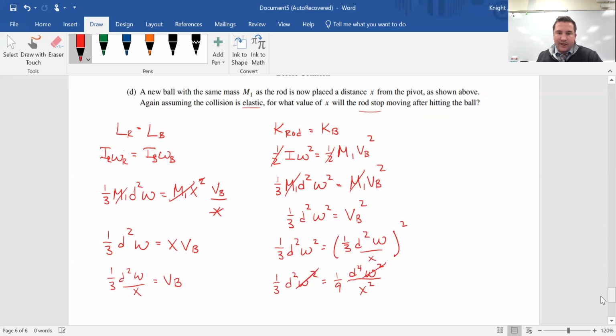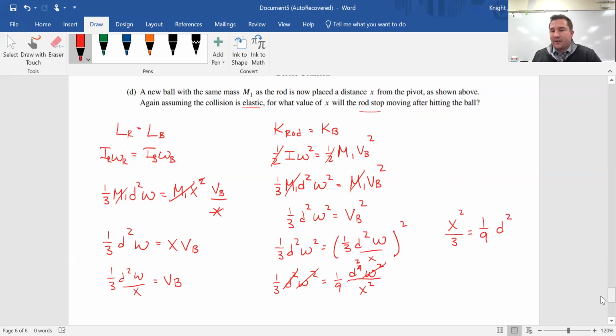Omega cancels with omega. D to the 2nd cancels with D to the 4th to make that a 2. Well, now we need to get X by itself. So X up to the other side. So X squared over 3 equals 1/9 D squared.